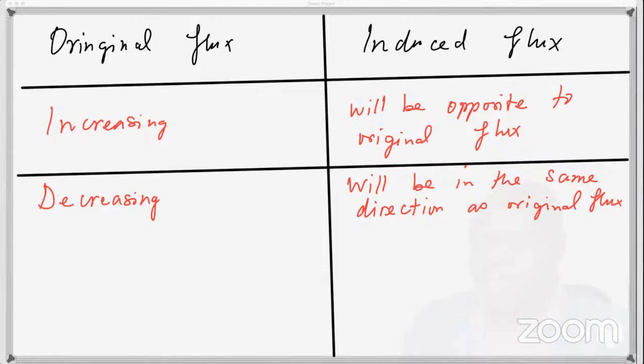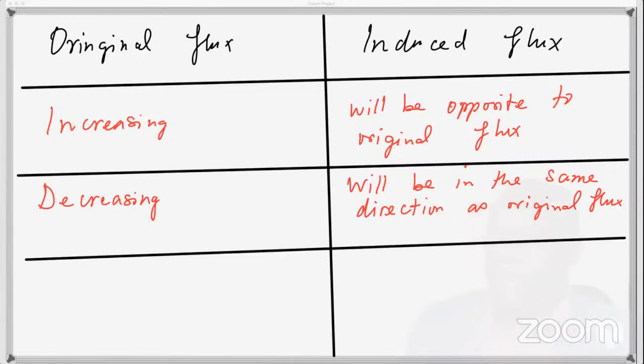And just for completeness' sake, if the original flux is constant, what will happen according to Lenz's law? If the original flux is constant, it's not changing at all. Any attempt? I already gave the answer just before the last point.